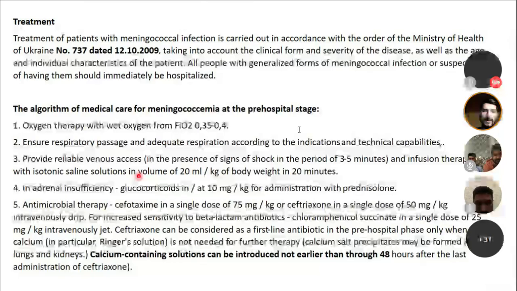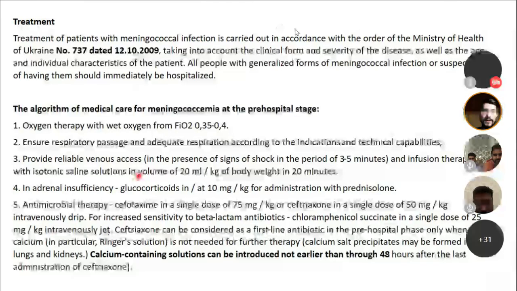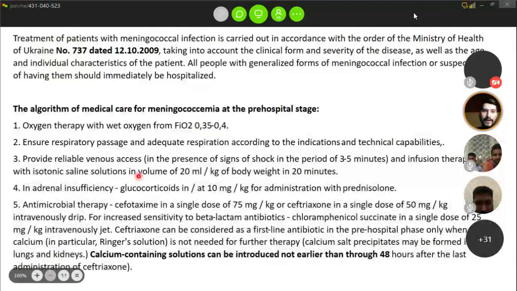And of course, if you have that, immediately it will lead to shock, because as you know, the catecholamines and the glucocorticosteroids maintain the blood pressure. So when there are no glucocorticoids, basically the person will collapse and go into shock. So that's why you need to provide glucocorticoids as well.